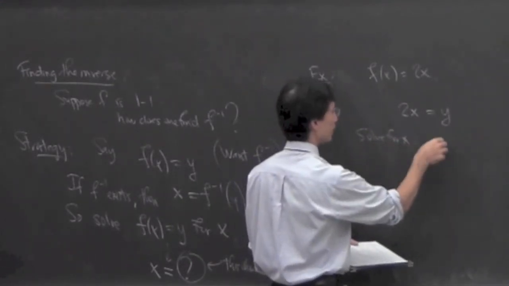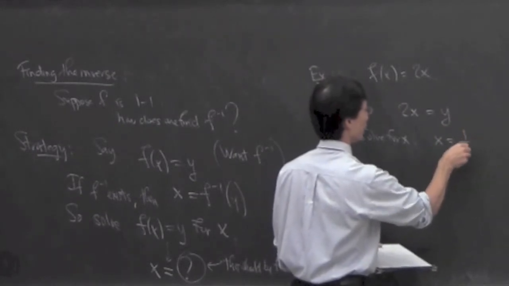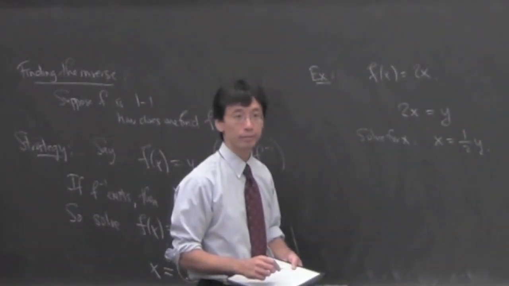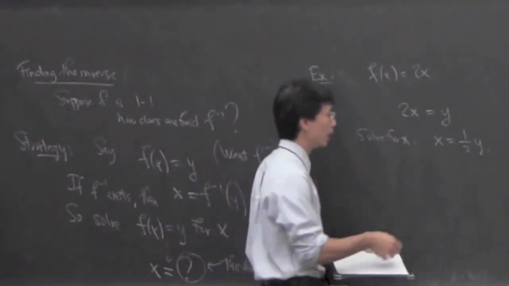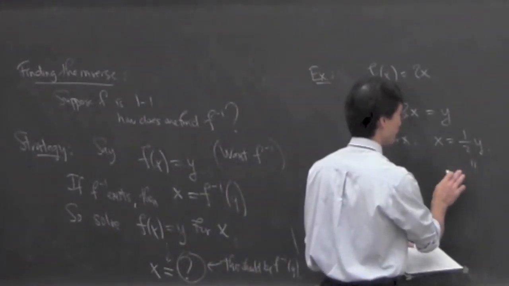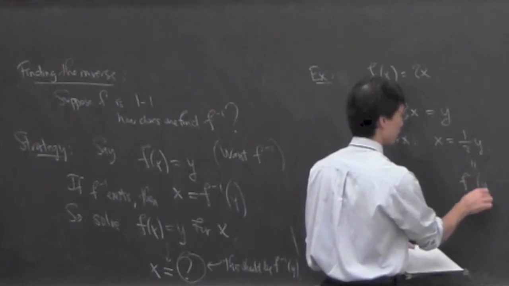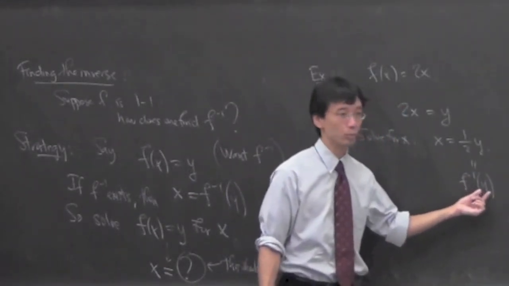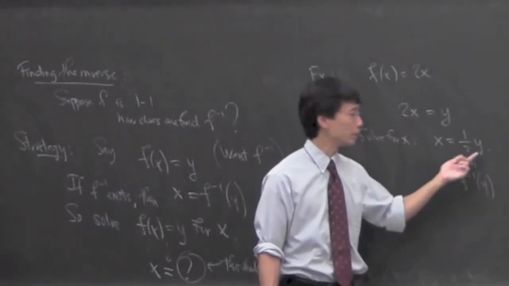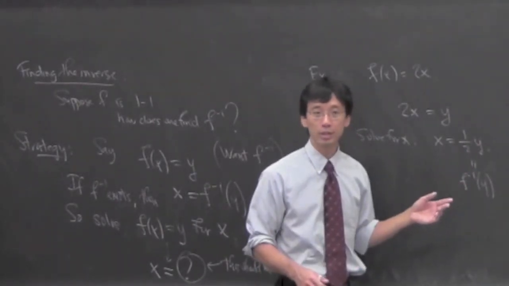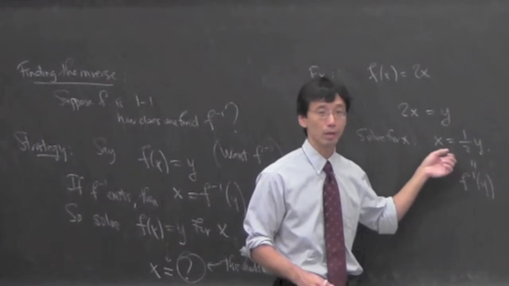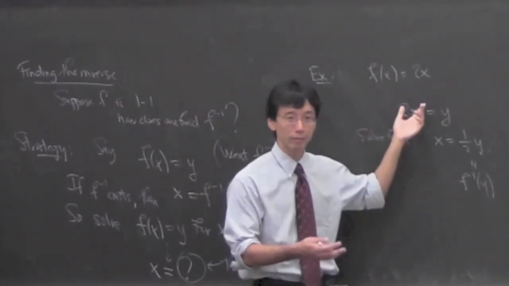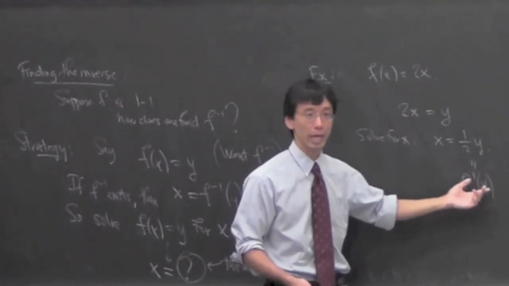We get that x is 1/2 y, and so this ought to be f inverse of y. F inverse should be the function that takes y to half y, the function that divides things by 2. And indeed, that's what we saw earlier. If f is the doubling function, then f inverse should be the halving function.